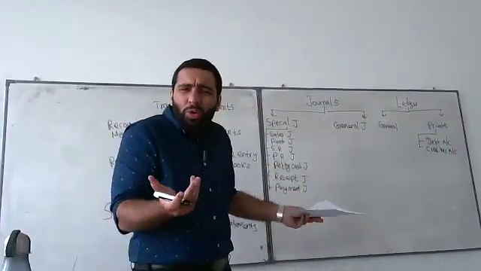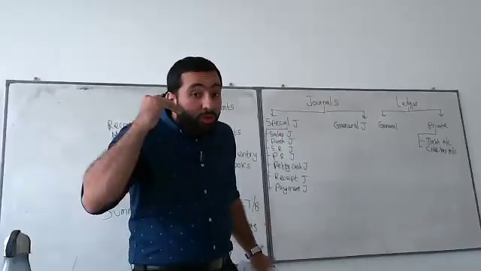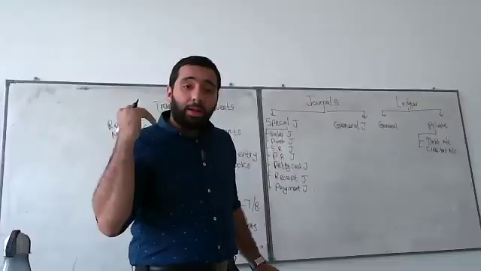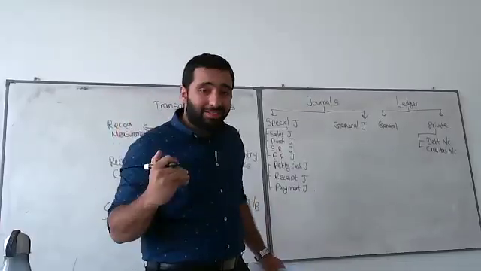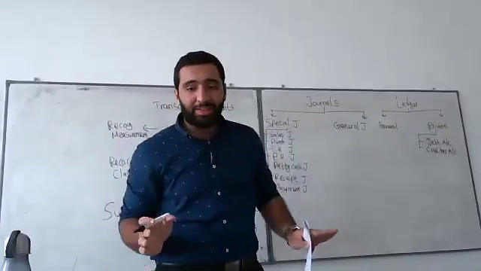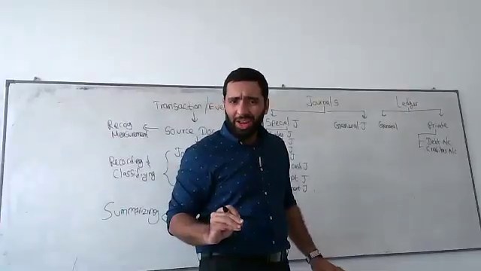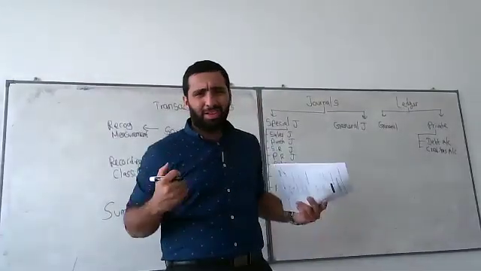Now, what is the debtors account? Who is your debtor? Yes. You sell a good or a service to another person on a credit basis. You don't take money now.